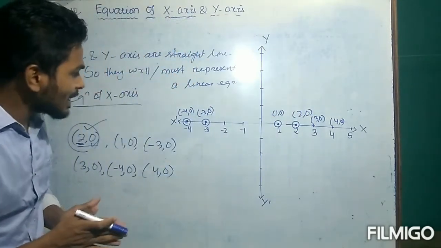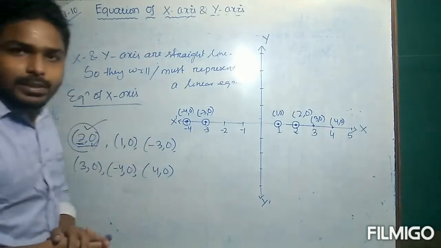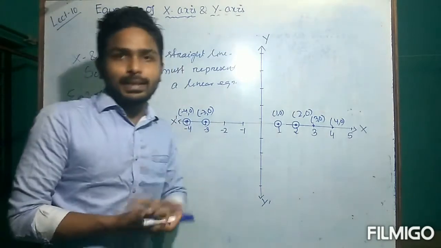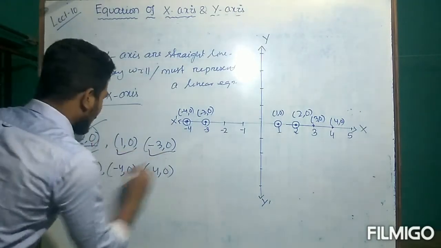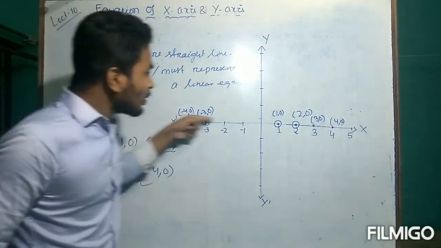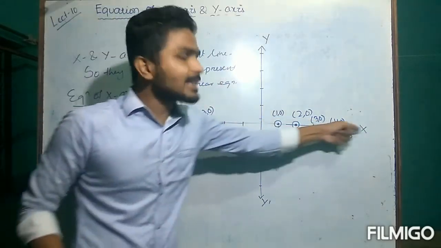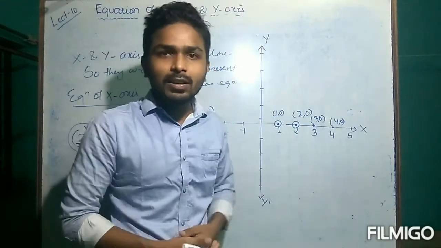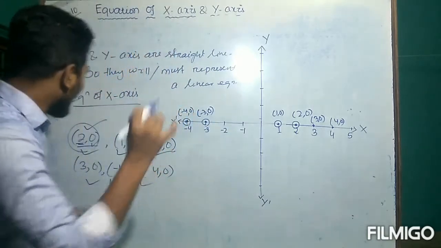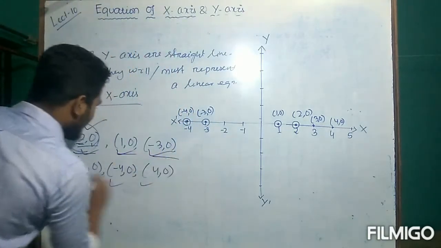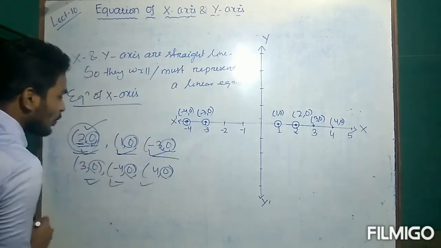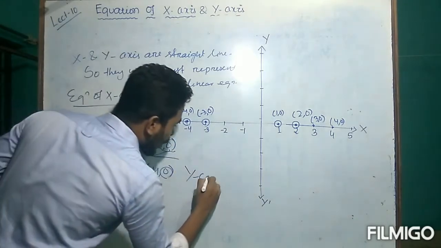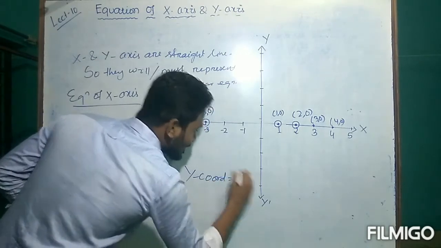Then what are the similarities that you can see from all these 6 points? What is the most important similarity? All these points are lying on which axis? The x-axis. All these 6 points lie on the x-axis. Why? Because for all these points the y coordinate is 0.